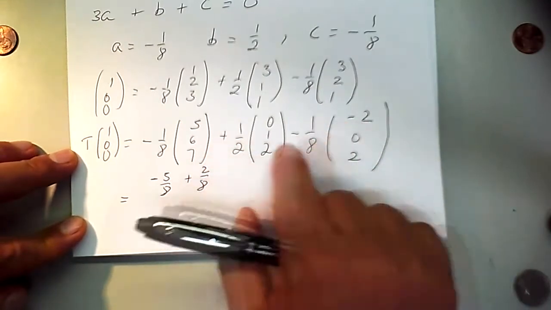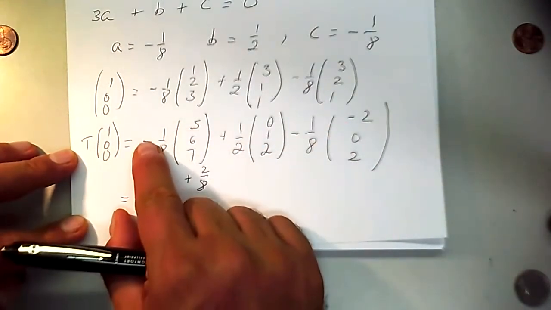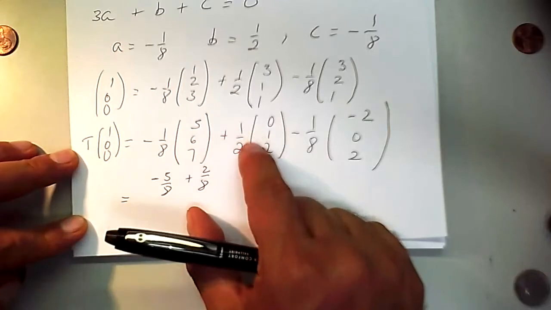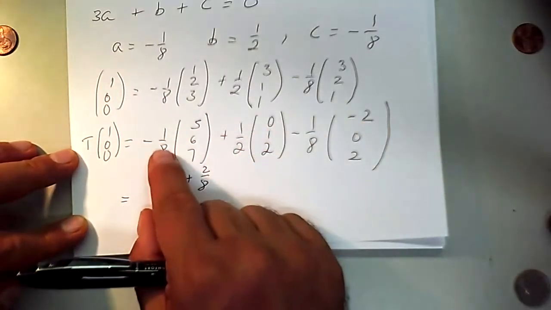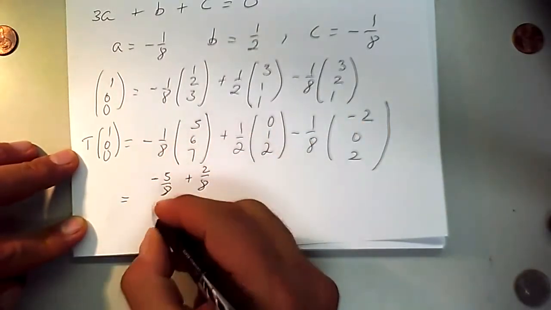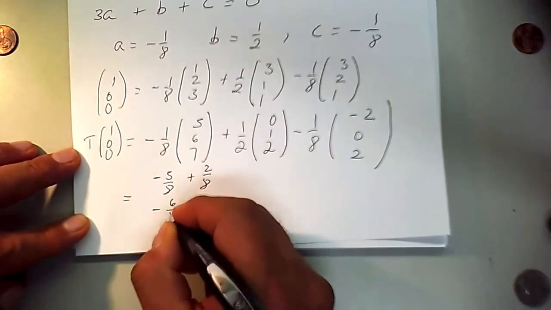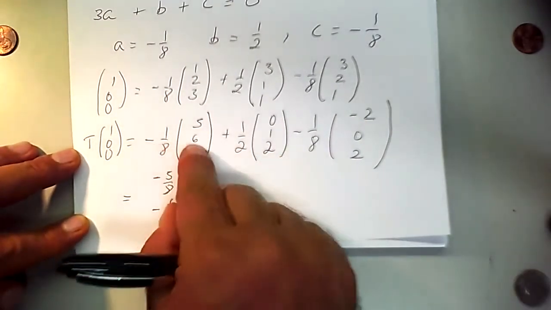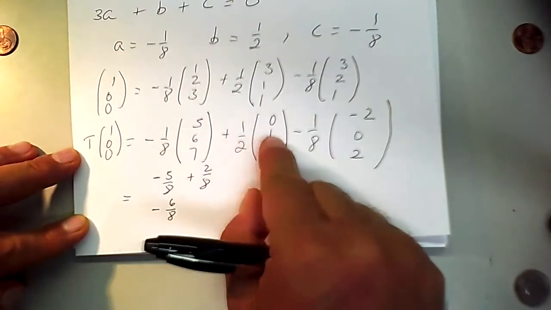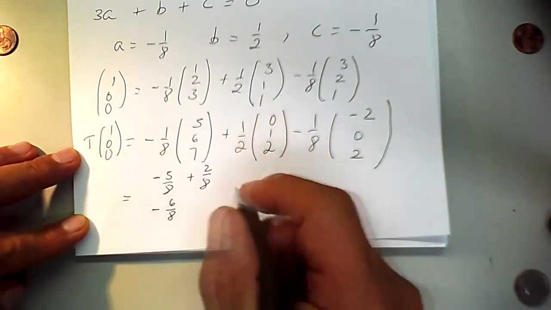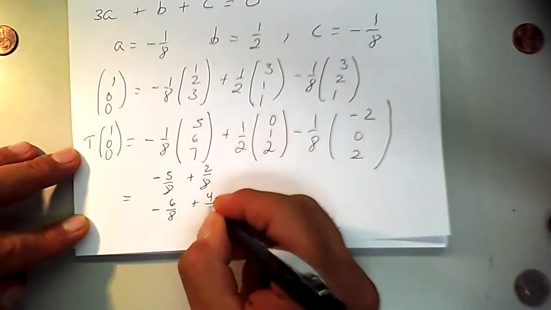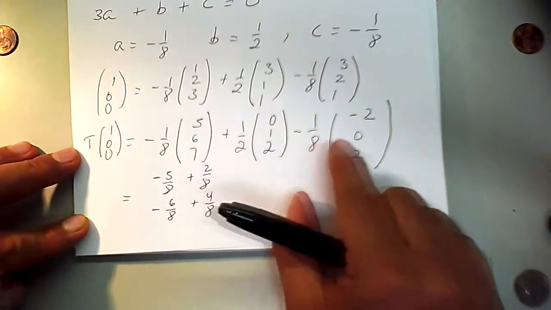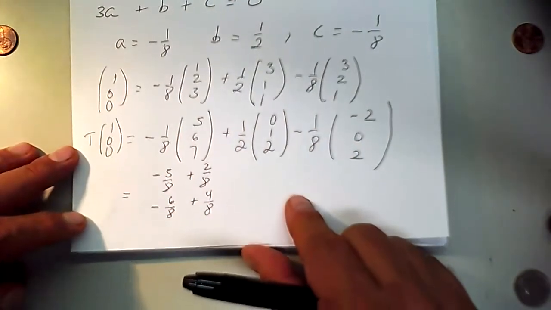For the second component, we got negative 6/8, plus a half, which I'm going to write down as 4/8, and nothing. Good.